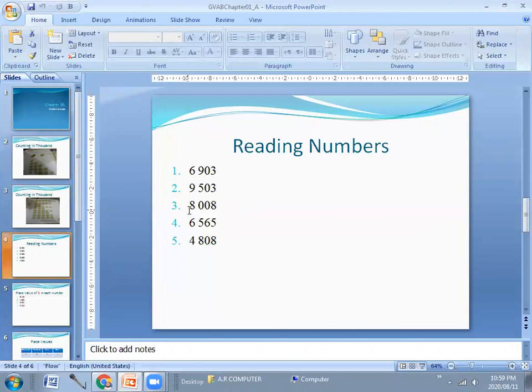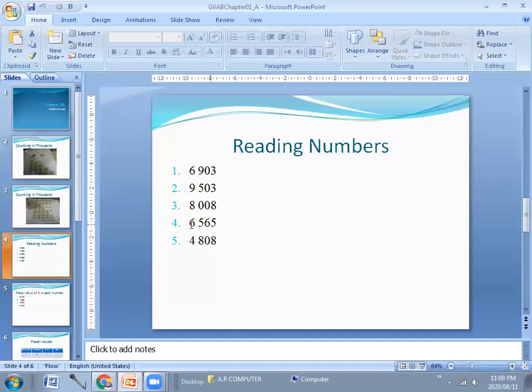Coming to the next number, number 3, 8,008. As there is no 100, there is no 10, only 8,000, and 8 ones are there. So we read it as 8,008.